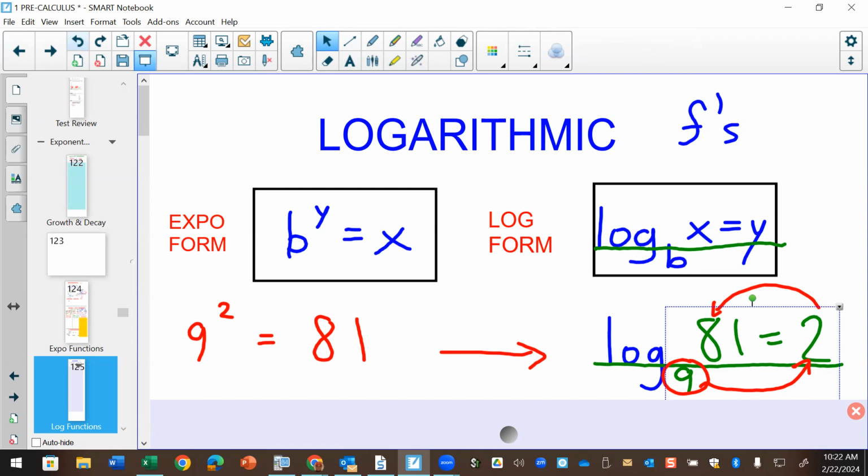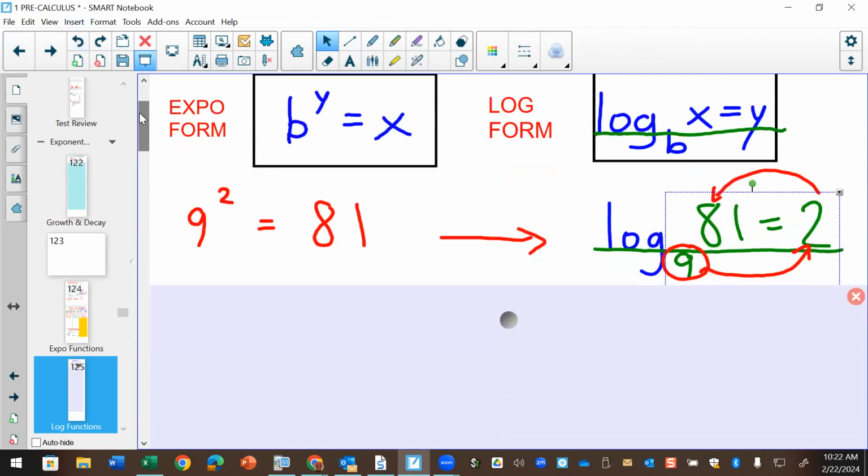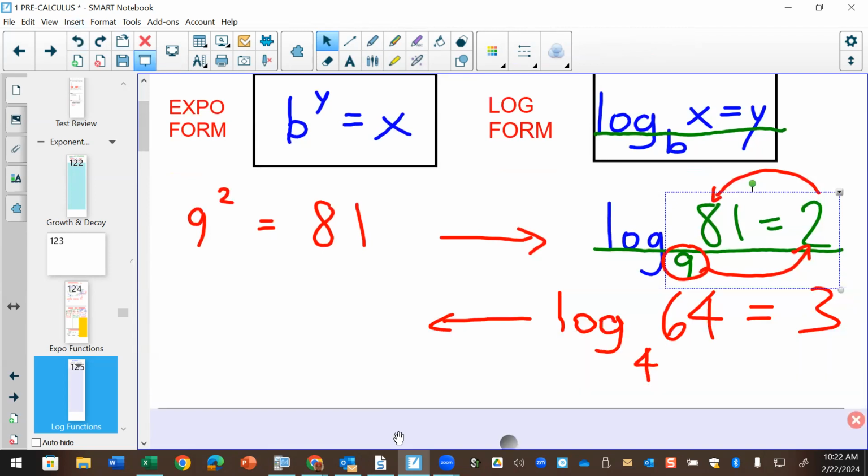So, here's our, you try for the circle. All right, turn this one into expo form. Draw the circle, rewrite this in expo form.